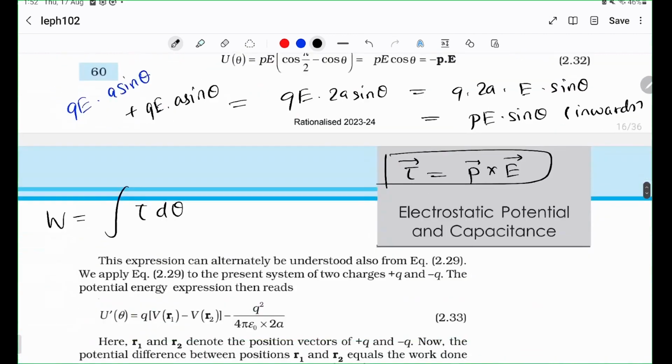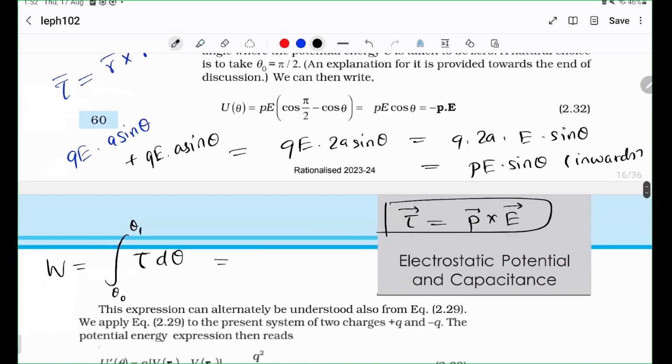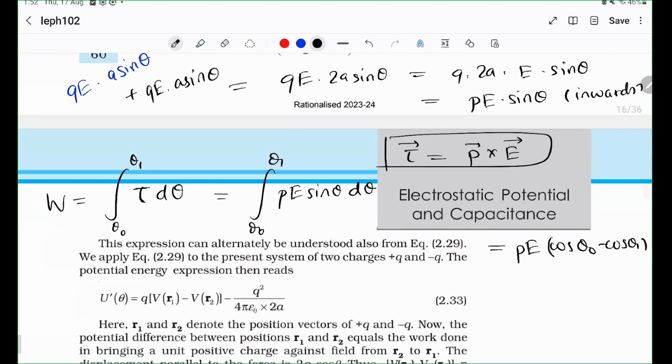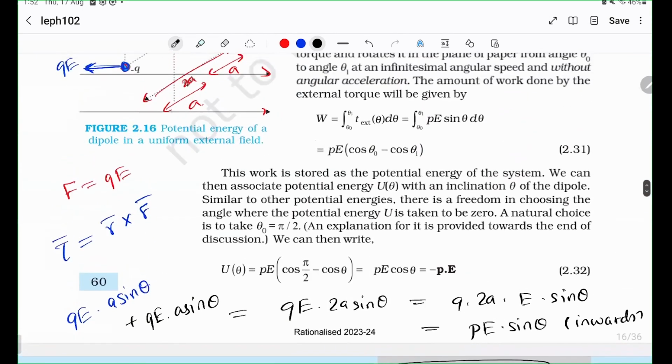So if you move this dipole from theta naught to theta 1, it's a simple integration only. Integral of PE sine theta d theta from theta naught to theta 1, which is simply PE times cos theta naught minus cos theta 1. So we define the potential energy at a point.